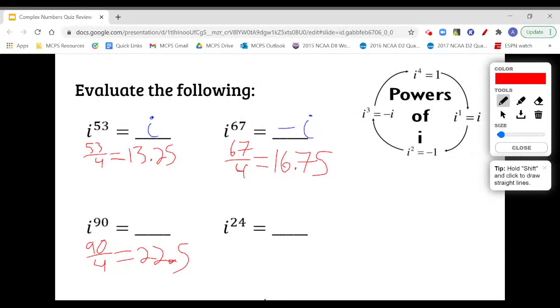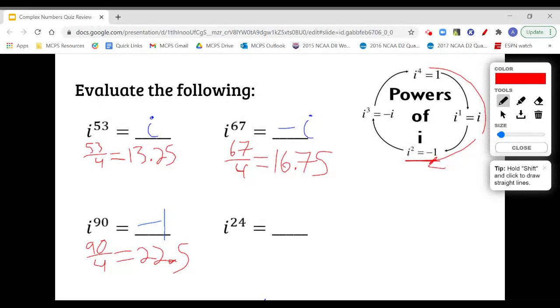Okay, and so what that indicates to me, .5 is a half, right? So I'm back to the top of the cycle, but then I have to go 1/2 further. Okay, so I've gone 22.5 cycles. That would land me at the equivalent of i squared, which happens to be -1.